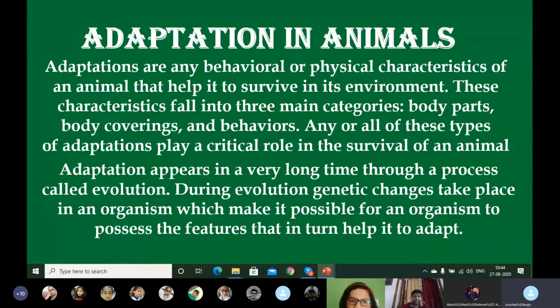During evolution, genetic changes take place in an organism which help the organism to possess the features that in turn help it to adapt. Any confusion with these lines? Can I move ahead?